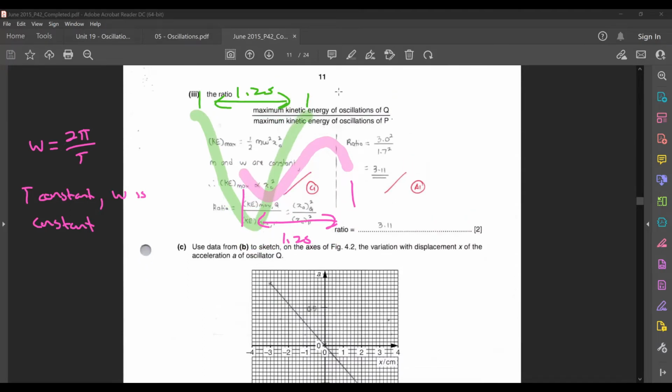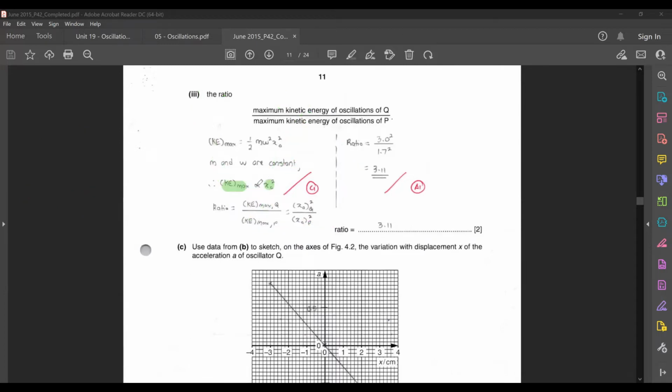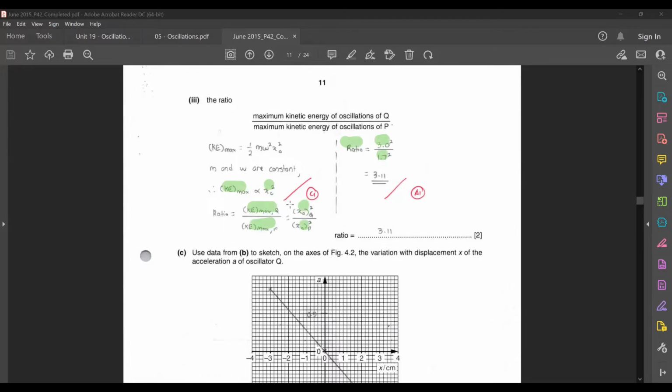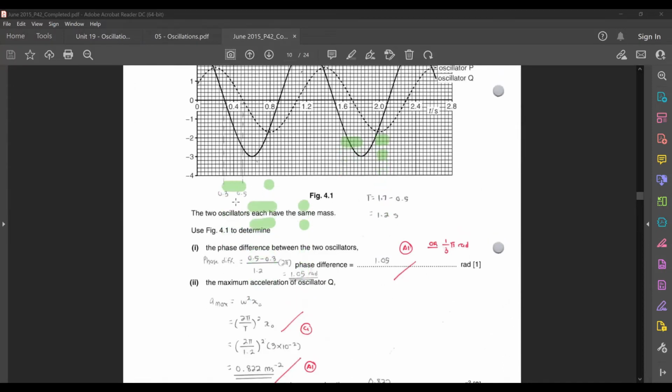So m and omega are constant. Therefore, KE max is just proportional to your amplitude square. So the ratio of maximum KE of Q to P is just amplitude of Q square to amplitude of P square. So the ratio is 3 square to 1.7 square, 3 centimeter square to 1.7 centimeter square.